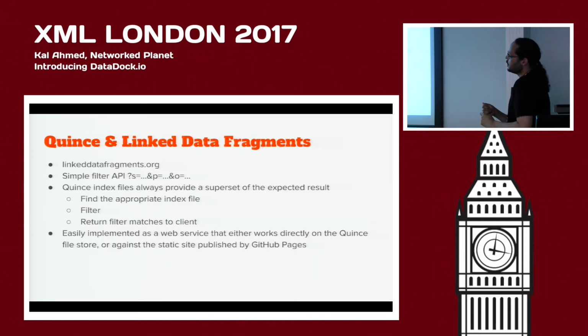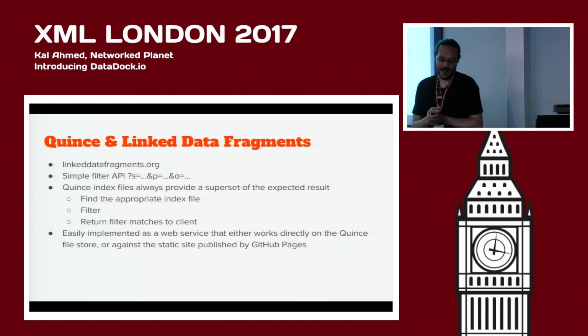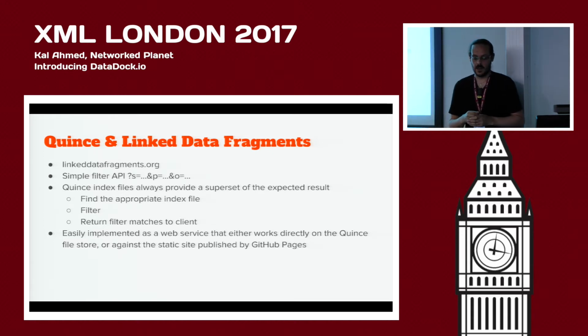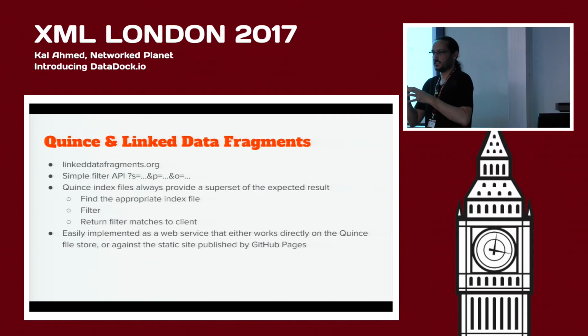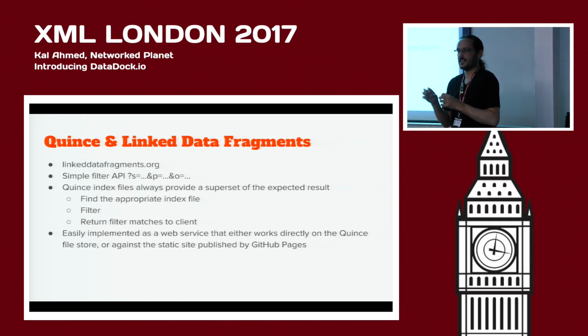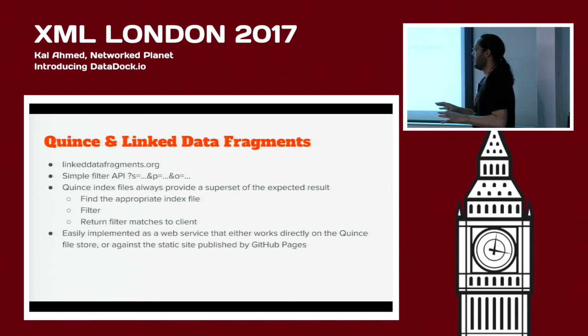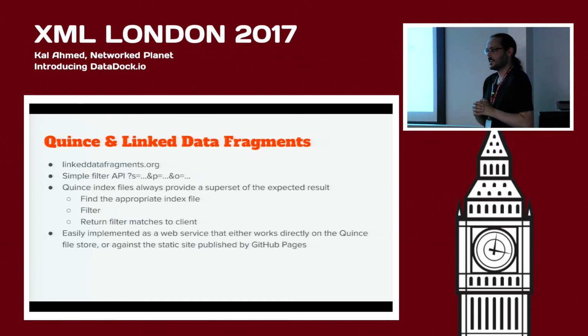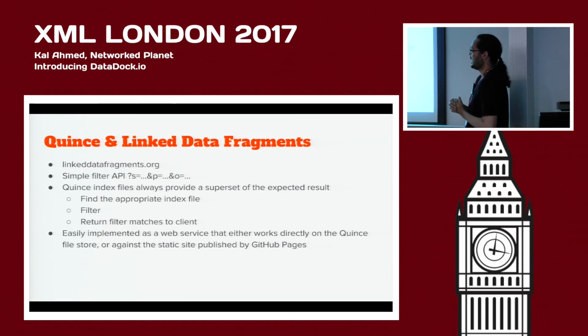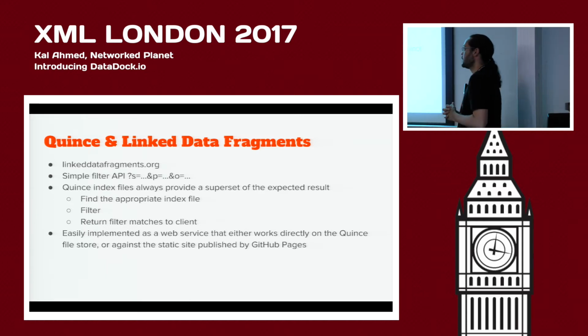So one of the things that we are excited about with this approach is that we have this persistent data store now, which works like a searchable index of all of your RDF data. And there is this really simple linked data RESTful API proposal called linked data fragments.